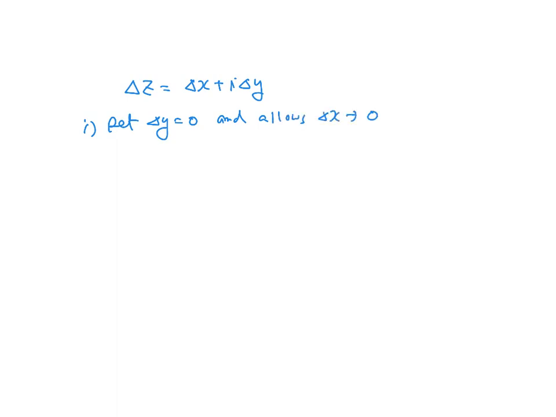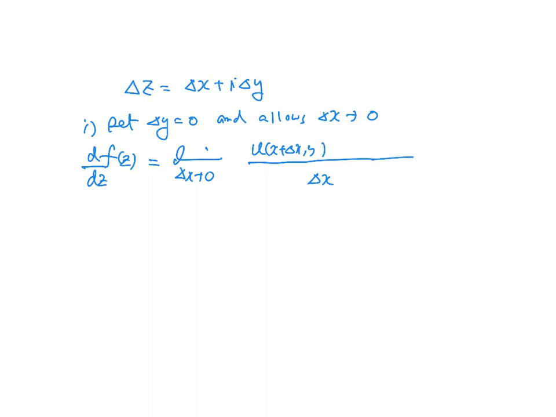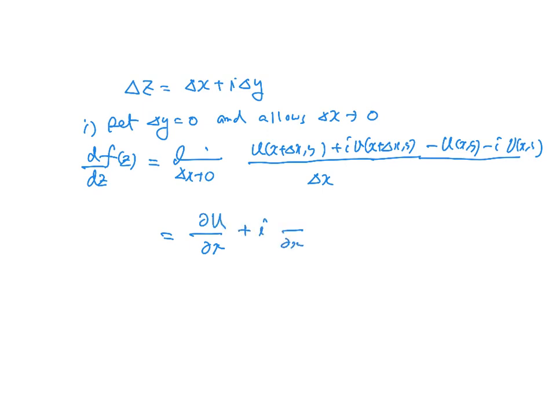In this case, df/dz is the limit as delta x goes to 0 of [u(x plus delta x, y) plus i v(x plus delta x, y) minus u(x,y) minus i v(x,y)] over delta x, which is partial u over partial x plus i partial v over partial x.